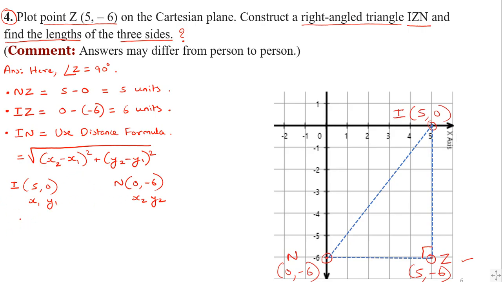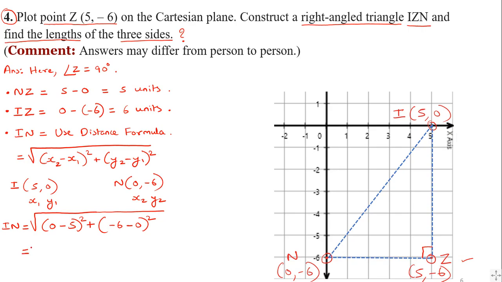Now what we will do is we will substitute these numbers into this formula. So IN is equal to under root, x2 is 0, and minus sign as it is from the formula, and x1 is 5, the whole square, plus y2 is minus 6, minus from the formula, and y1 is 0, the whole square.